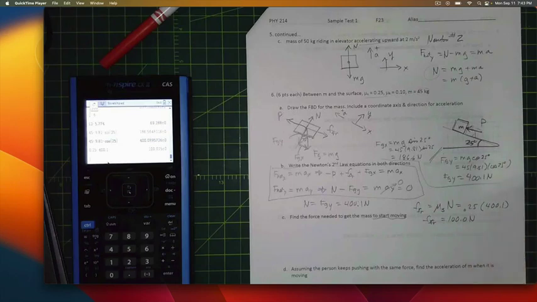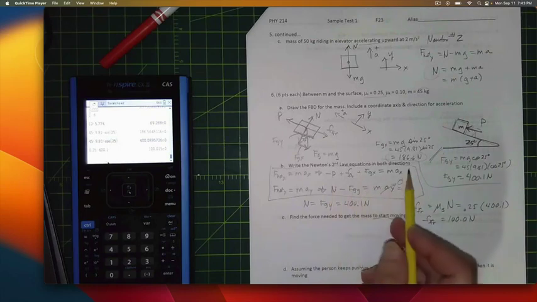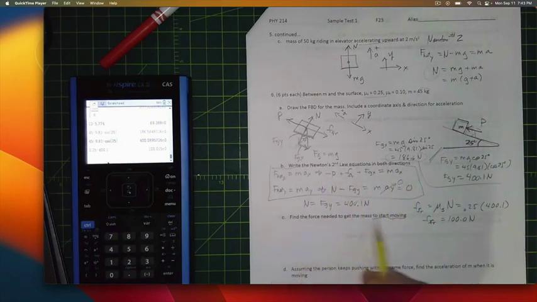100.0 newtons. And we have Fgx from over somewhere here. Find the force needed for the mass to just start moving. So it means it's not moving at the moment, right? It's just about to start.